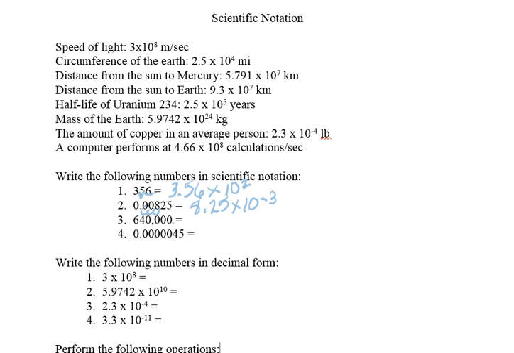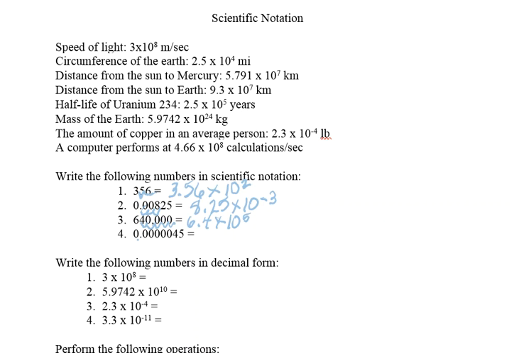640,000. Decimals are at the very end. We're going to move it so there's a single digit in front. It's a non-zero. So it's 6.4 times 10. The number was bigger than 0, so it's a positive exponent. We moved it 1, 2, 3, 4, 5, so it's a positive 5.